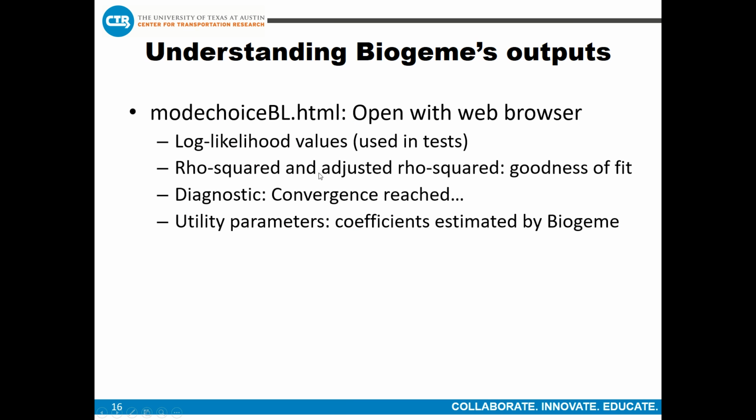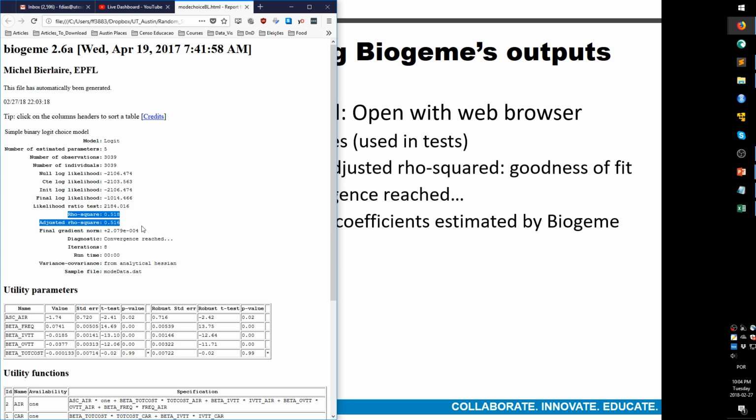We have our rho squared and adjusted rho squared value. This gives us an idea of goodness of fit. If you're familiar with linear regression, this is really similar to R squared. It gives us an idea of how well our model is performing when we compare it to a model that only has the constants. So it's how much better than the constant-only model we are performing.